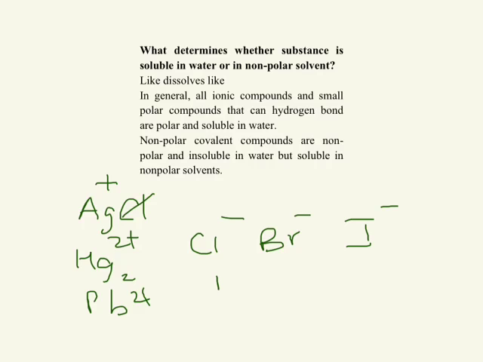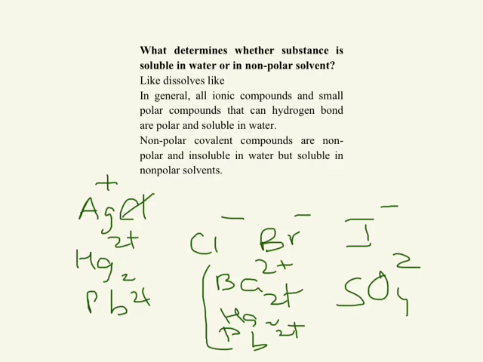If you have barium ion, mercuric ion, or lead ion, and any of these ions is with sulfate, then those are also insoluble in water. So all others will be soluble.